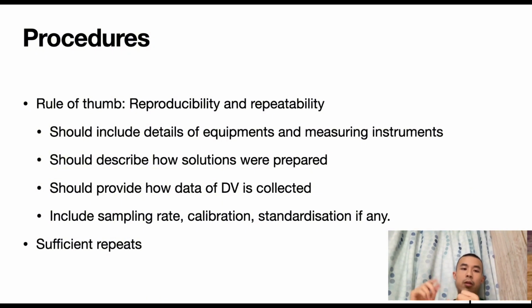And of course, at last in your procedure, make sure that there are sufficient repeats, and at the same time, it is a requirement from the IB that you have 5 points, like 5 plots at least, in the graph. That is the minimum requirement.